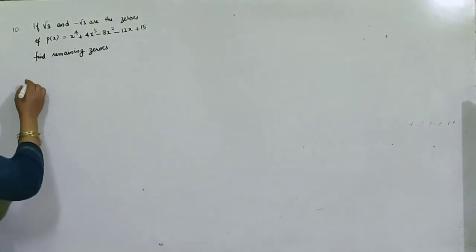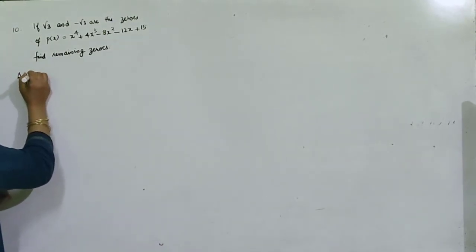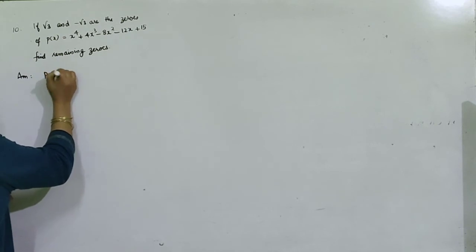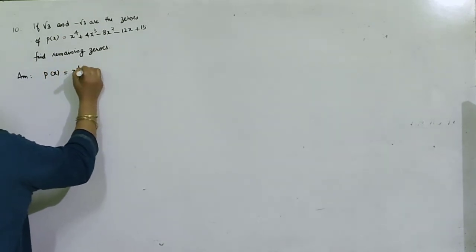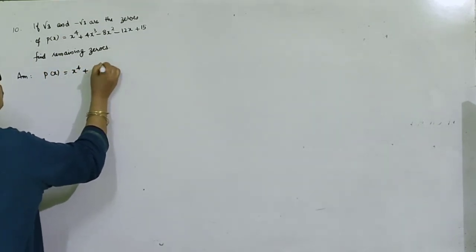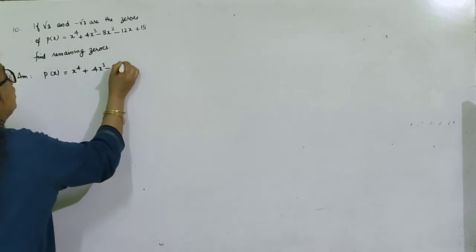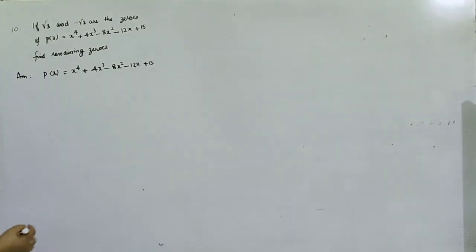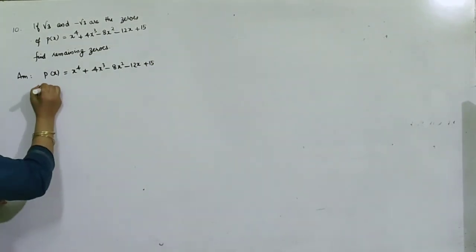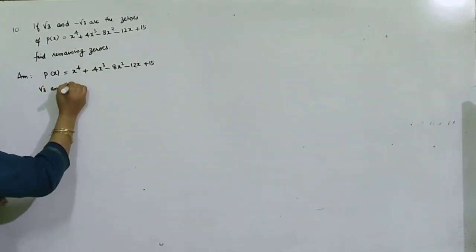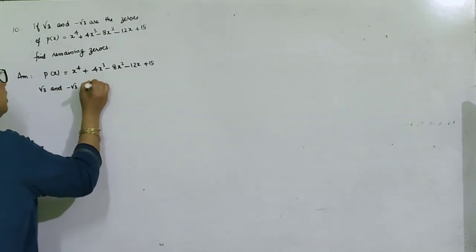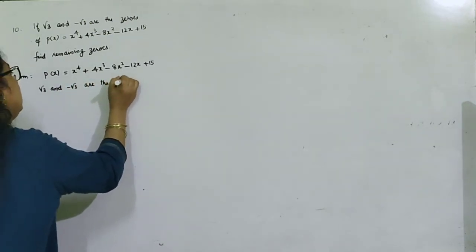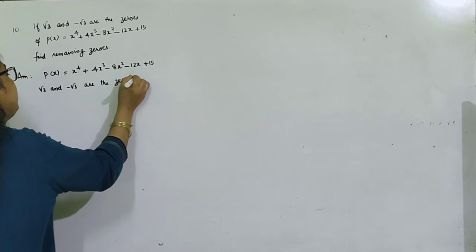So now we write the same way. First write p of x equal to x raised to 4 plus 4x cube minus 8x square minus 12x plus 15. Then root 3 and minus root 3 are the zeros. From that, what will you write? Factors.